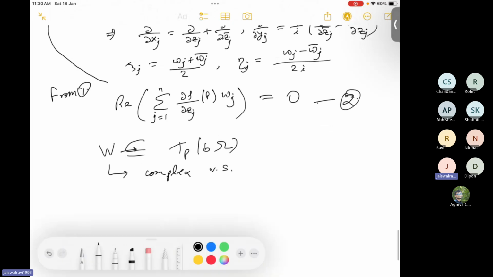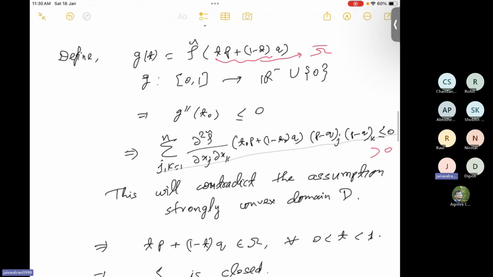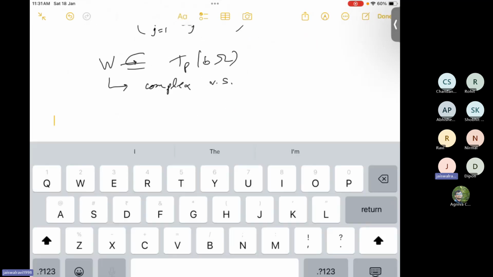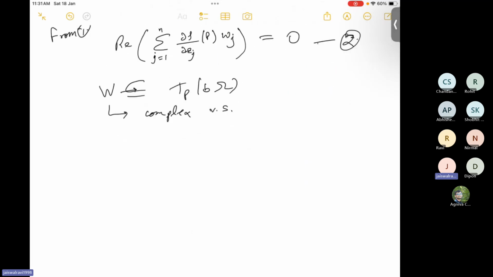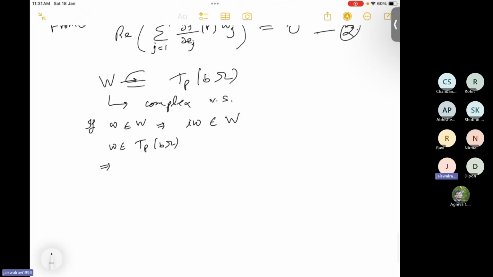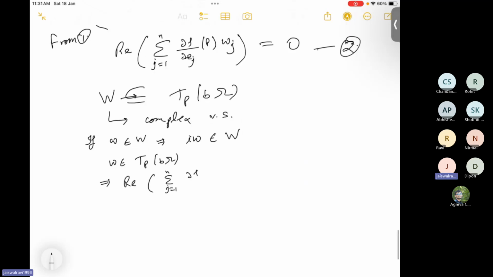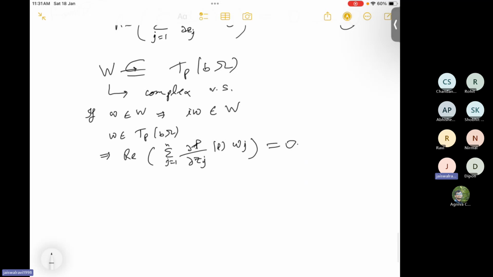That means if W is in capital W, then iW should also be in capital W. So here we have seen that if W is in T_P of boundary omega, then from equation 2, this is real part of sum j from 1 to n del rho by del z_j at p, w_j equal to 0. But we also want iota w to be in capital W.